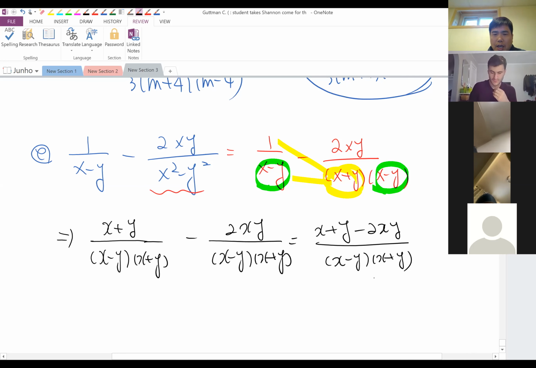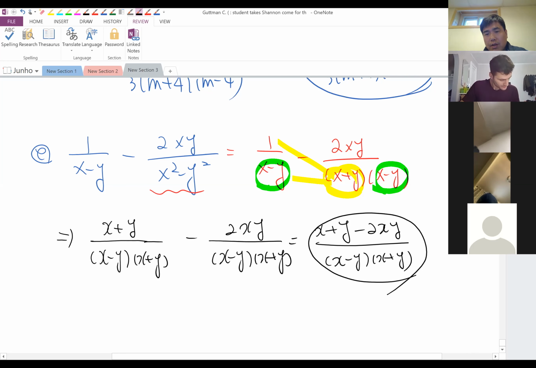Why didn't the x minus y's cancel out? Factor, so factoring out the numerator. So I guess this is the final answer. Why didn't the x minus y's cancel out? No, you cannot do that because this is the trinomial form here, right? And this is binomial.